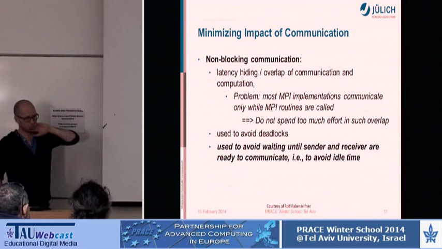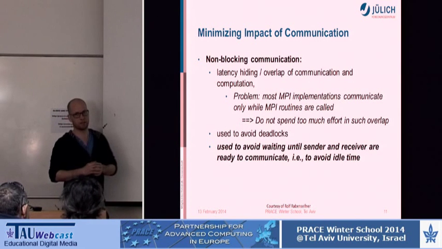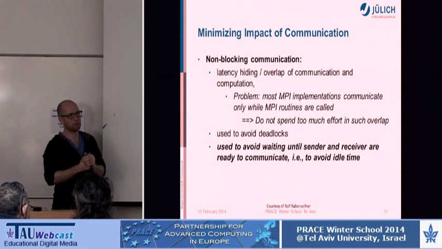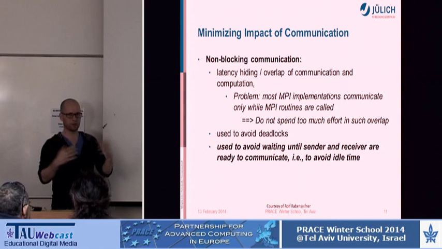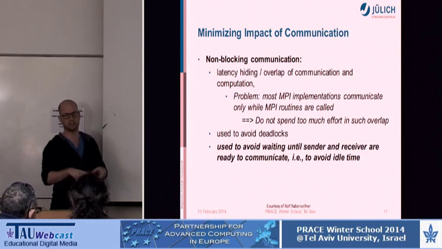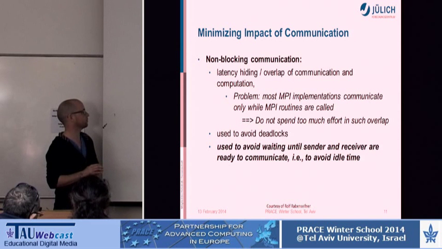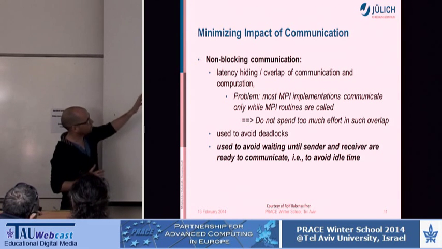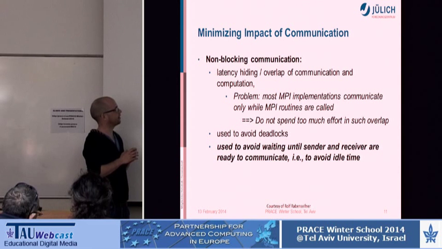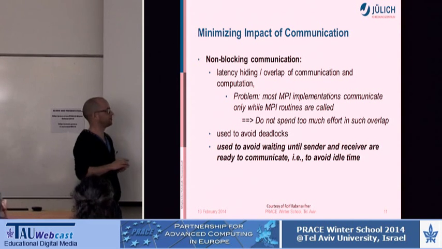So the potential advantage of the non-blocking communication is that I could have hidden the communication a little bit. When it was doing the non-blocking send, I could have put some extra computational work inside to give the processor something to do while they were waiting for the communication to complete. The problem is that what actually happens depends on the implementation.